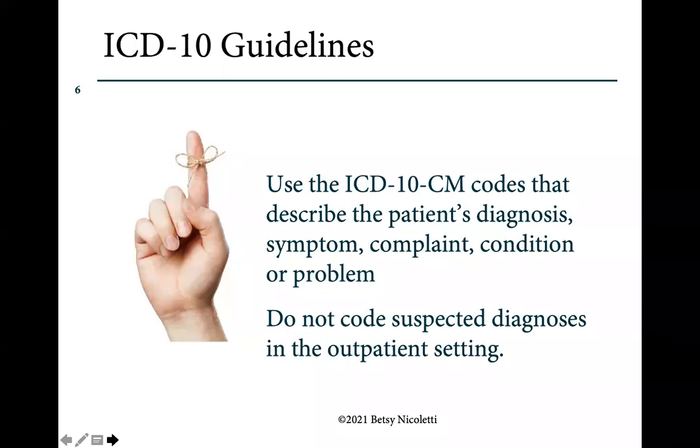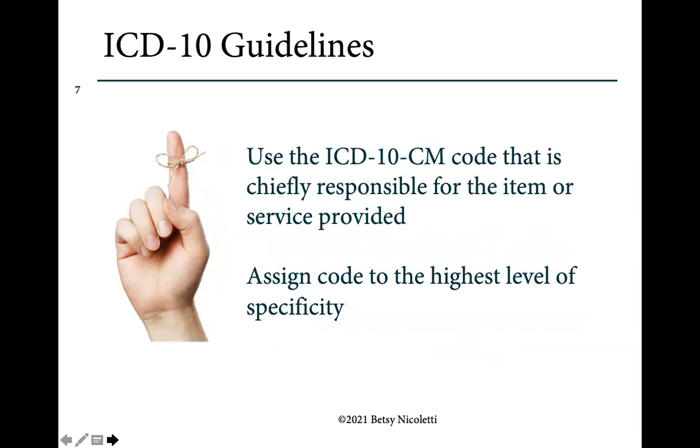In that case, we would use the symptoms, the dysfunctional bleeding and pain, rather than the suspected diagnosis. We use the ICD-10 code that's chiefly responsible for the item or service provided. So far, so good. Assign the code to the highest level of specificity.